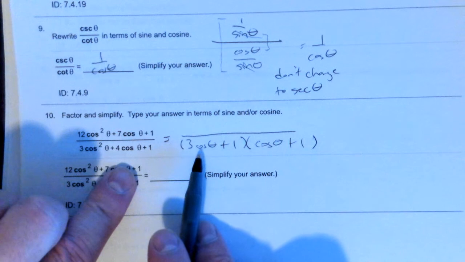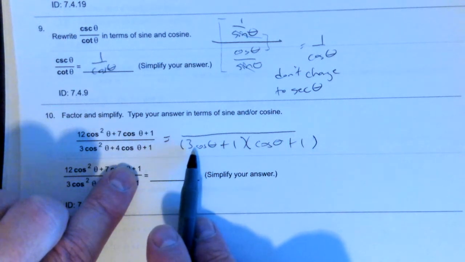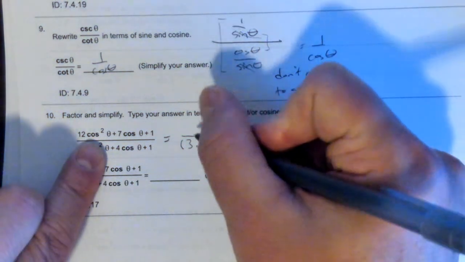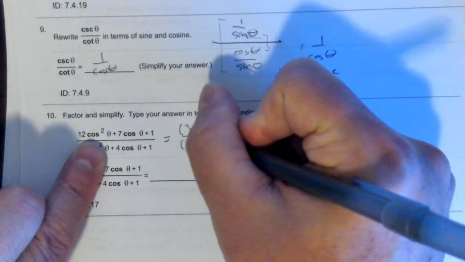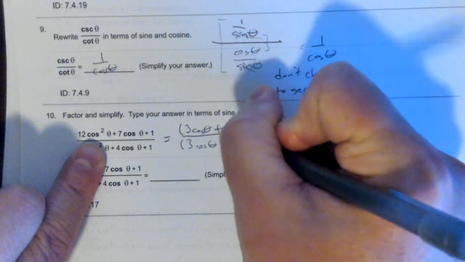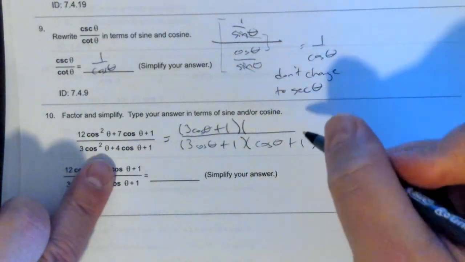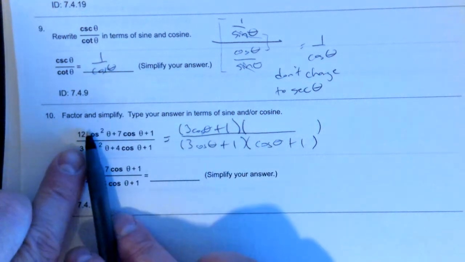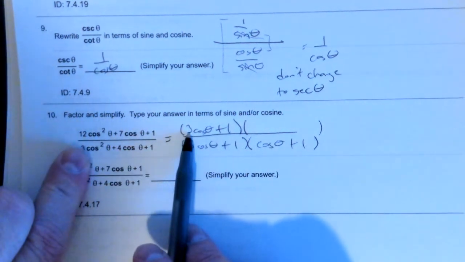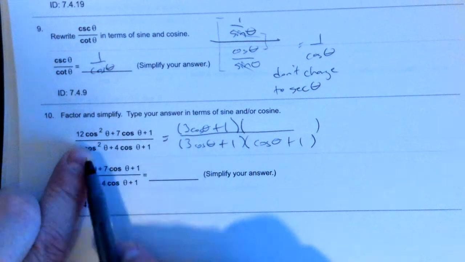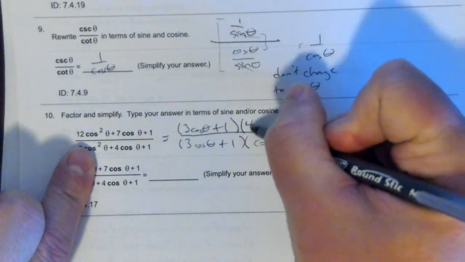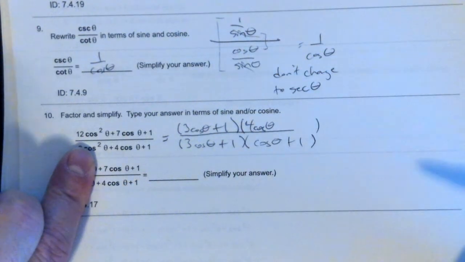Now, again, what I was saying was, if you do your denominator first, that's going to help you know what to put for your numerator. So just put something exactly like it. And then let's just figure out what needs to go here. We're trying to get 12, and we've got 3. So 12 divided by 3 is 4. So we need 4 cosine theta.